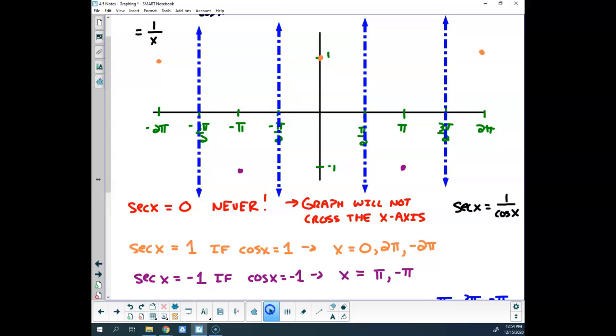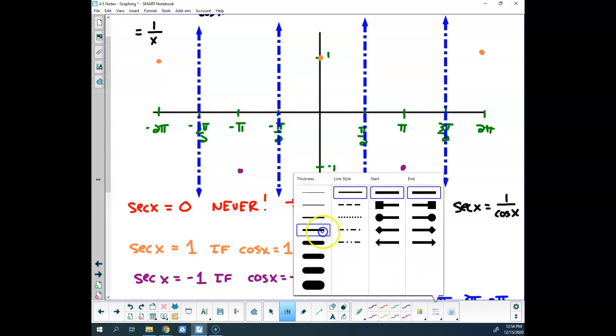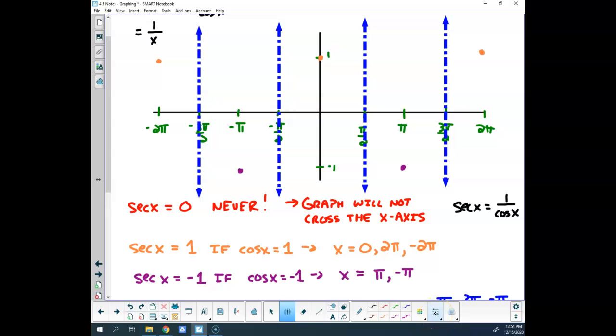Okay. Now we said that it can't cross the x-axis, correct? So if it's not allowed to cross the x-axis, and I'm not allowed to cross a vertical asymptote, the only place that this one can go is up. The only place that the purple ones can go is down.